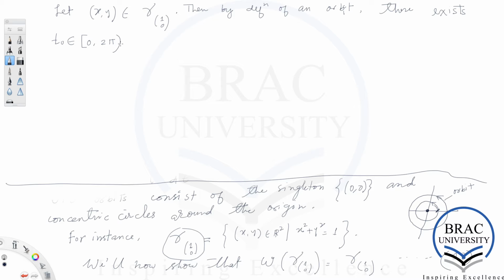Because in this example, t is an angle, and angle can be from 0 to 2 pi. So there exists an angle such that (x, y) is going to be theta of t0 comma (1, 0), since we are considering this orbit.